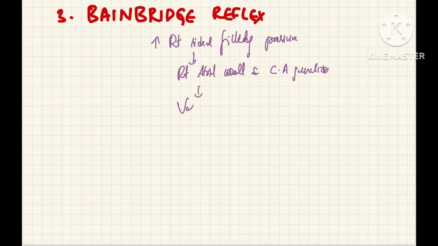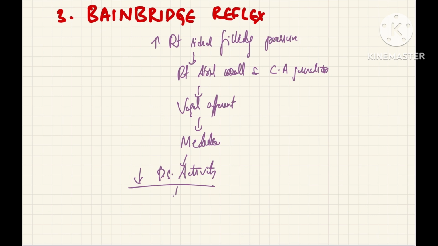This gives a reflex to vagal efferents and from there goes to the cardiovascular center of the medulla. This causes inhibition of parasympathetic activity. This results in increased heart rate.